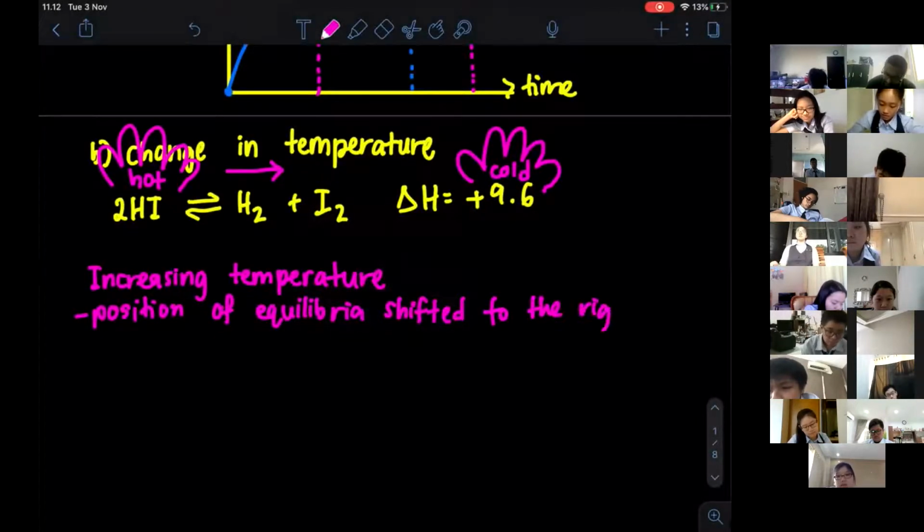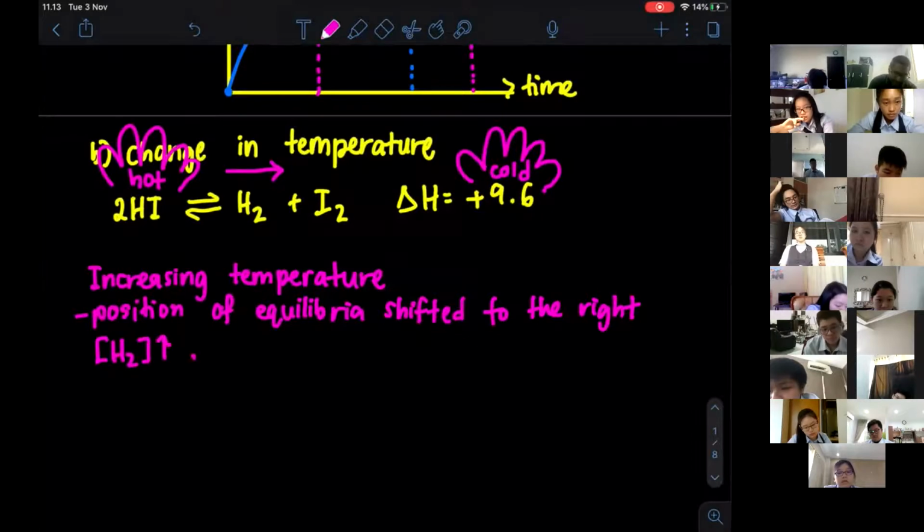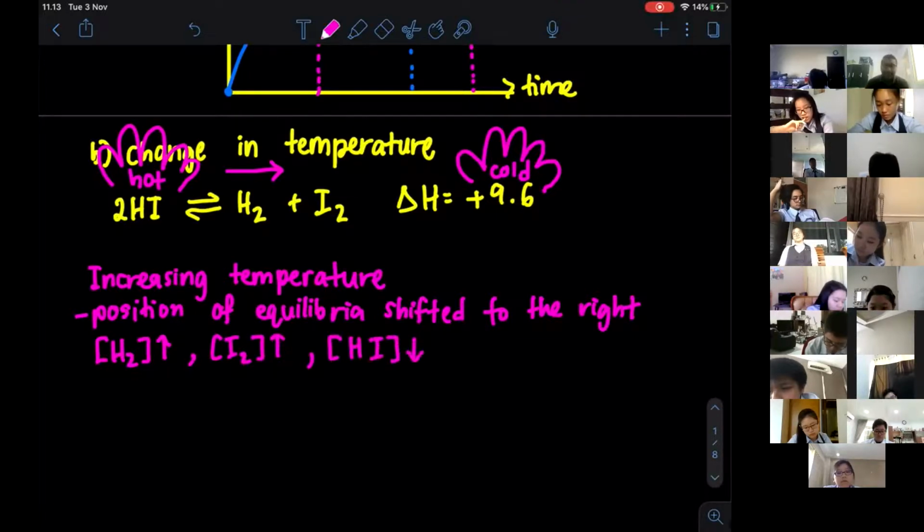When it is shifted to the right, what do we expect? We expect more concentration of H2, more concentration of I2, and we expect HI to become less.